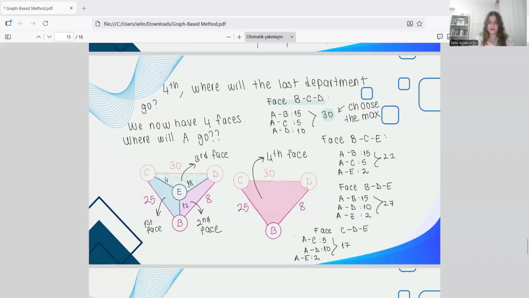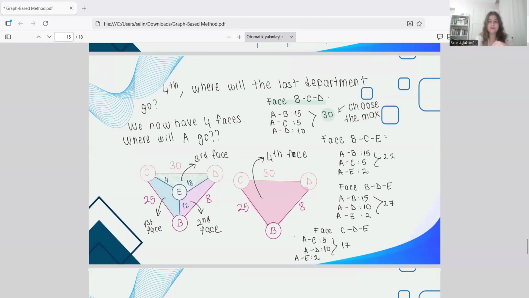So I want to show you the faces. So this is a face between C, E, and D. This is a face C, E, and B right here. There's a face E, D, and B right here. And the 4th face is the outer face, I guess, right here, all the colored sections.